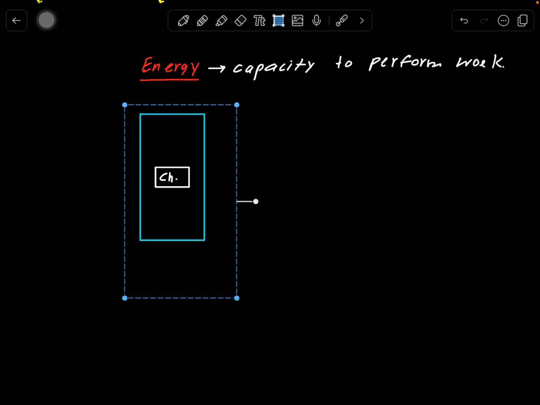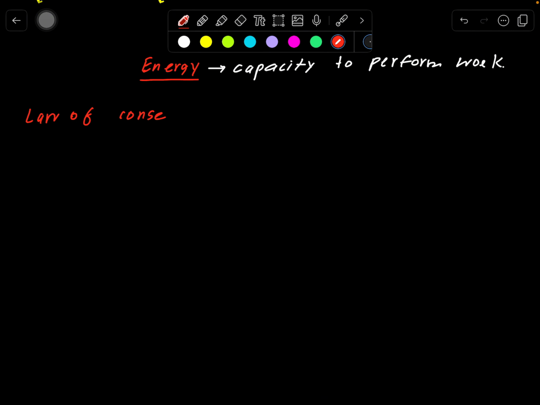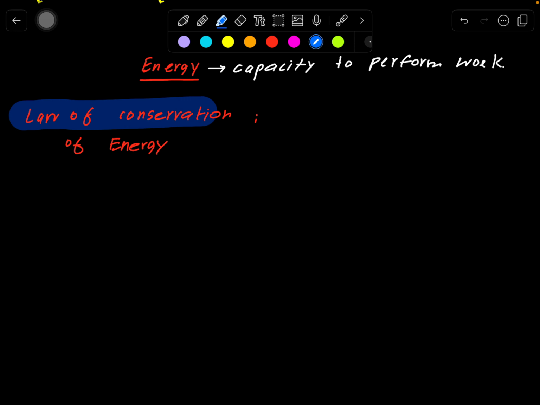Now, there is this one important law referred to as the law of conservation of energy. The law of conservation of energy states that energy cannot be created or destroyed.